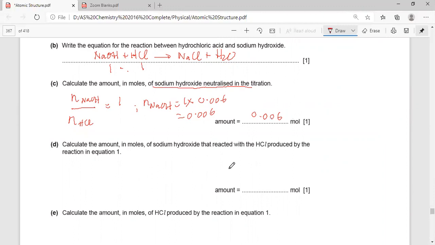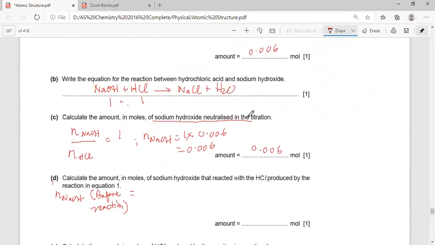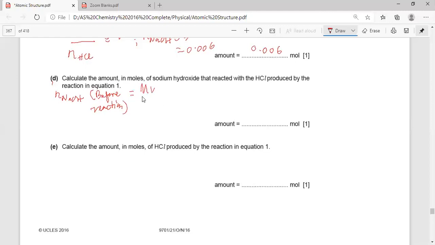So before reaction, the number of moles of NaOH before reaction equals, remember, 100 cm cube and 0.1, MV over 1000. 0.1 times 100 over 1000.